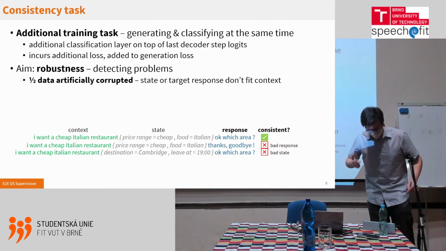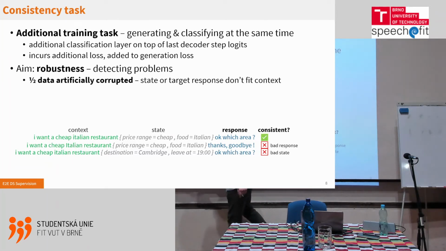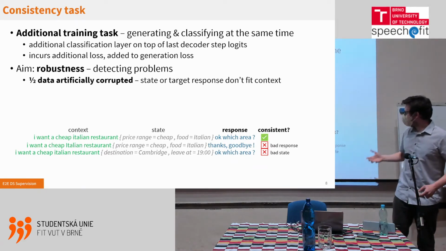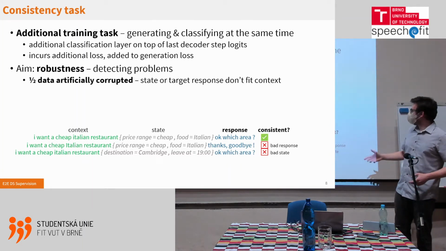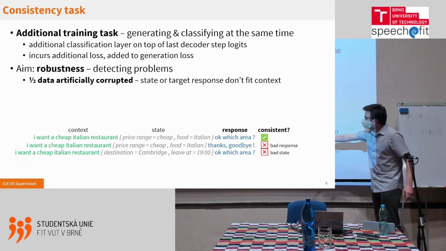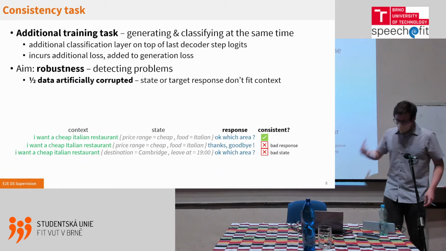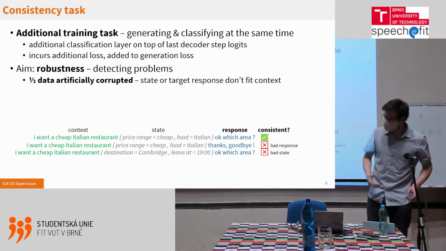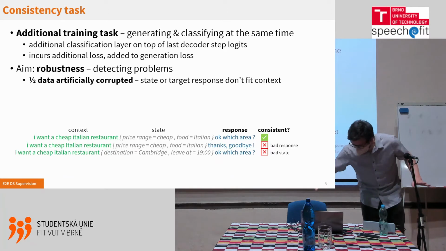Similarly, the user says, I want a cheap Italian restaurant, and the state says something about a train to Cambridge, which doesn't fit. So that again is a negative label for this classifier. We add these modified training examples into the training data, so that the system learns to find when it's not being consistent, and this helps it to track the state and to maintain consistency.